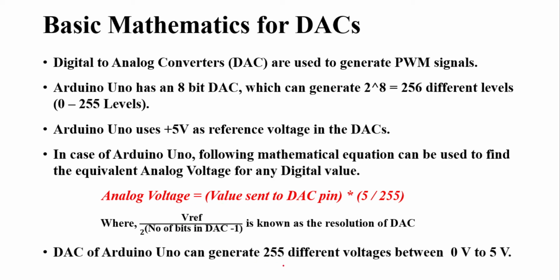So remember, Arduino Uno can generate 255 different voltages between 0 to 5 volt, which is our Vref. So 0 to 255 values between 0 to 5 volt. So please go through this slide once more so that you can clarify the doubts.